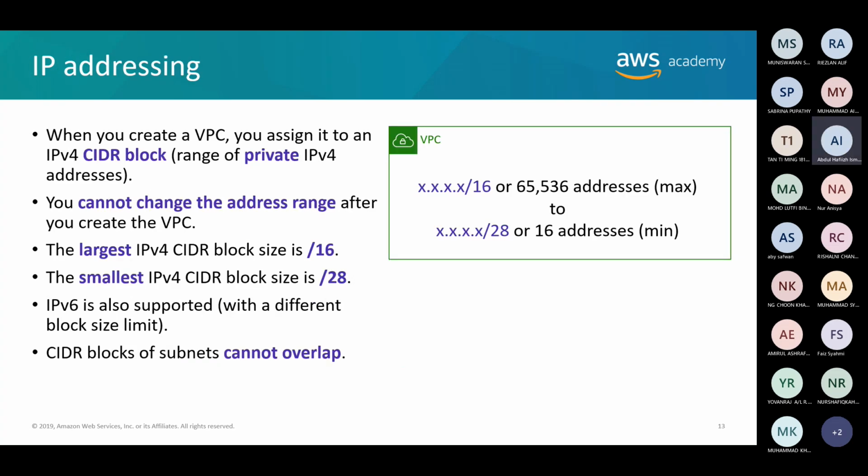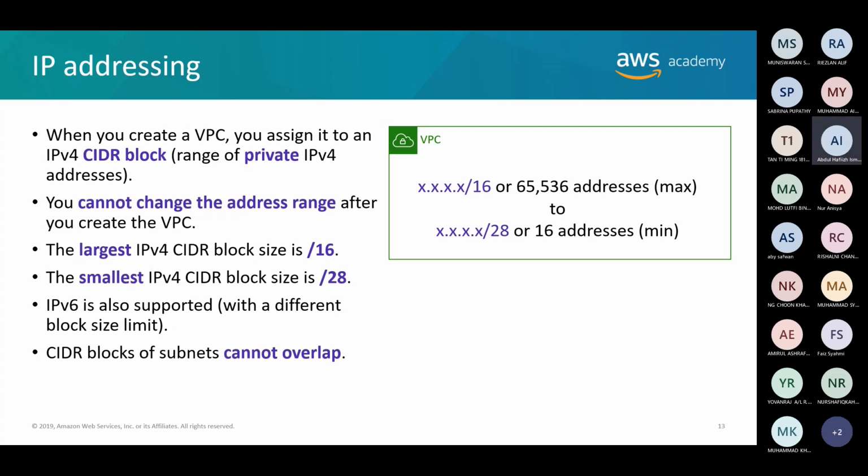So IP addresses enable resources in your VPC to communicate with each other and with resources over the internet. When you create a VPC, you assign an IPv4 CIDR block, a range of private IPv4 addresses, to it. After you create a VPC, you cannot change the address range, so it is important that you choose it carefully.